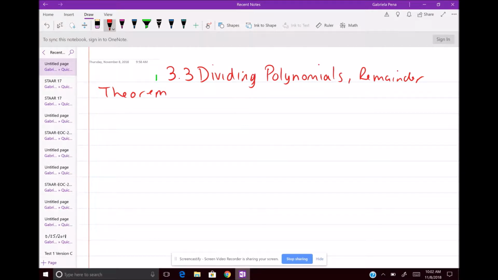So we're going to be reviewing long division. We're going to be going into synthetic division. You're going to decide which one's easier, which was harder. Your assignment is going to say, in this one, you have to use long division. Even though using synthetic is going to be easier, you use long.